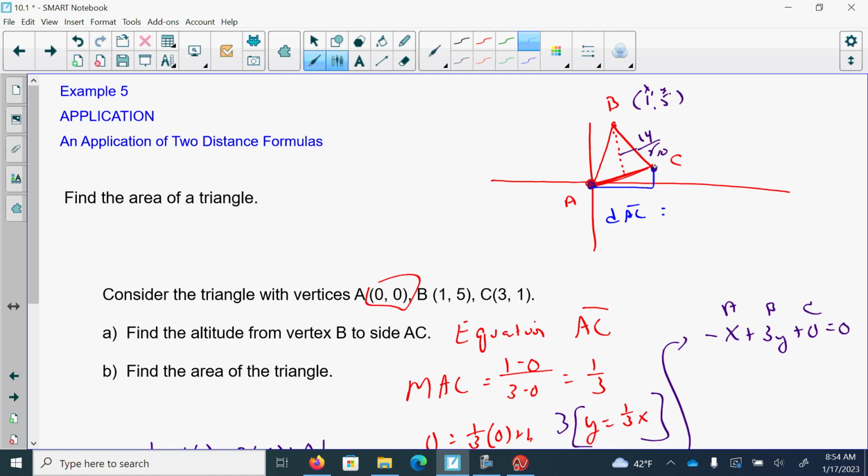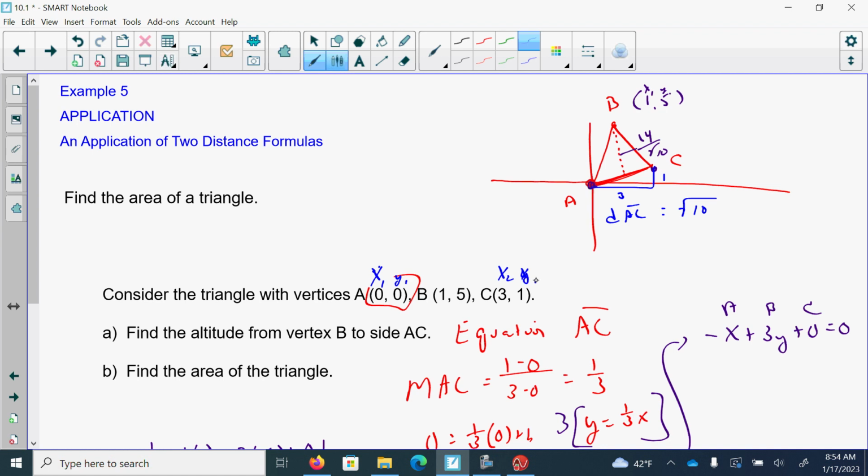You're making this right triangle, and then this is going to be 3, and this is going to be 1. So that's going to end up being 10. Oh, this is actually 1, and this is actually 2.